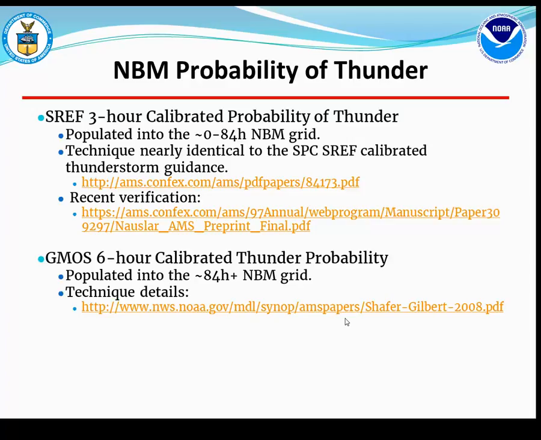Those values should look very similar to those found on the SPC SREF page. And also the GMOS is then used at ranges greater than the SREF forecast length. The GMOS 6-hour calibrated thunder probability is used in the NBM grid at this time. More work is being done on the probability of thunder and will be improved in the following NBM build upgrades.